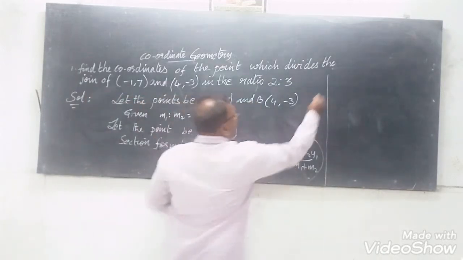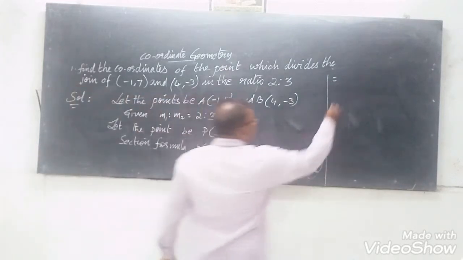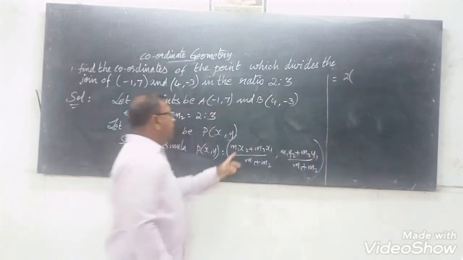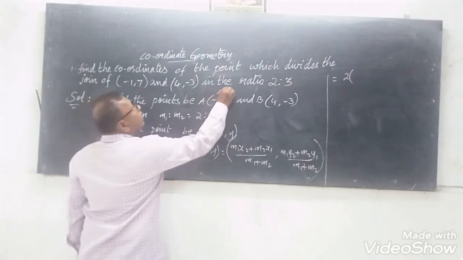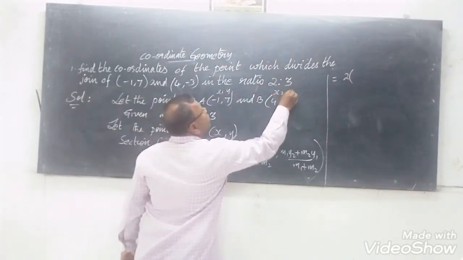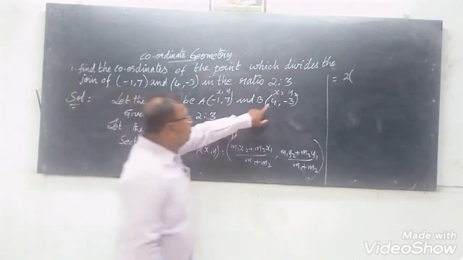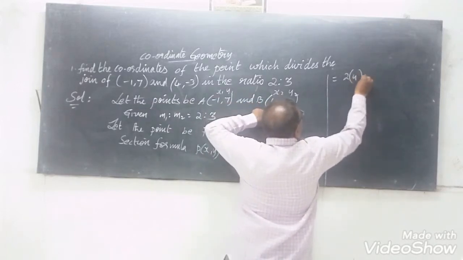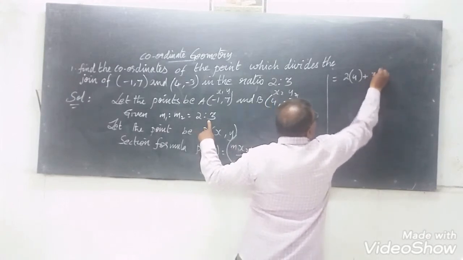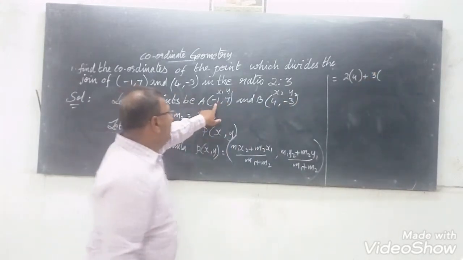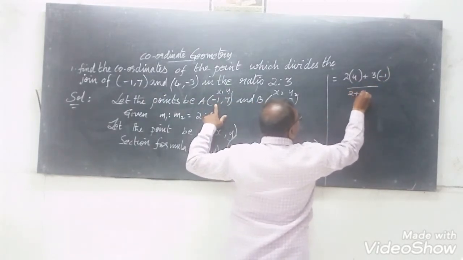Now here, m1 is 2. So 2 into x2. Here this is x1, y1, x2, y2. This is how we can write for the sake of simplicity. m1 x2, x2 is 4, plus m2, which is 3, into x1, so x1 is minus 1, by m1 plus m2, 2 plus 3.